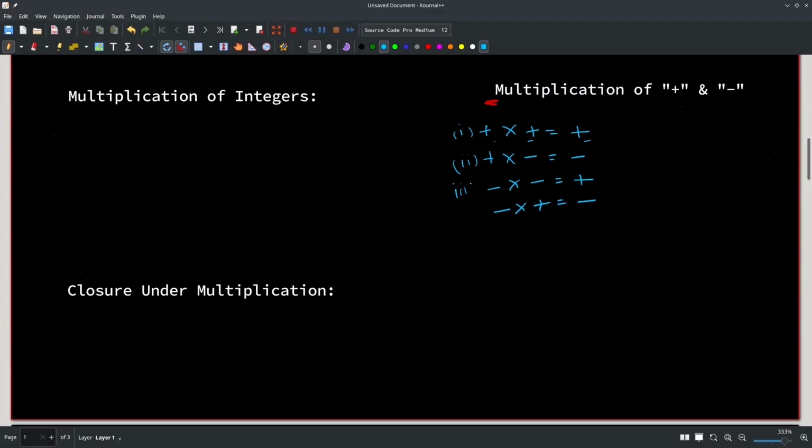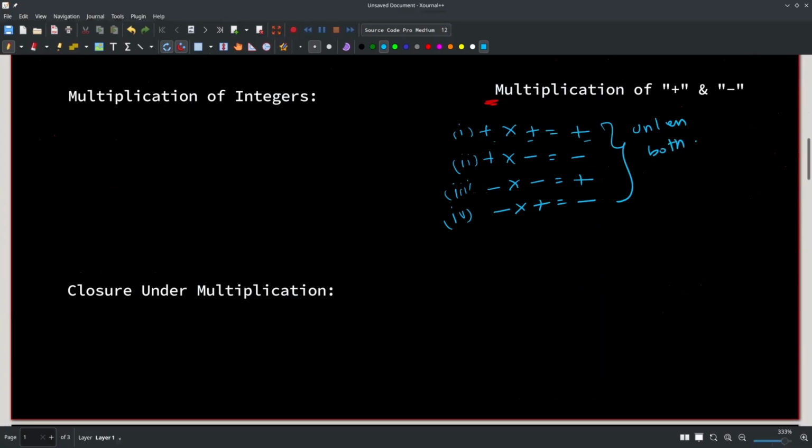With the third rule, a negative integer when multiplied with another negative integer is going to result in a positive integer. With the fourth rule, a negative integer into a positive integer is going to result in a negative integer.